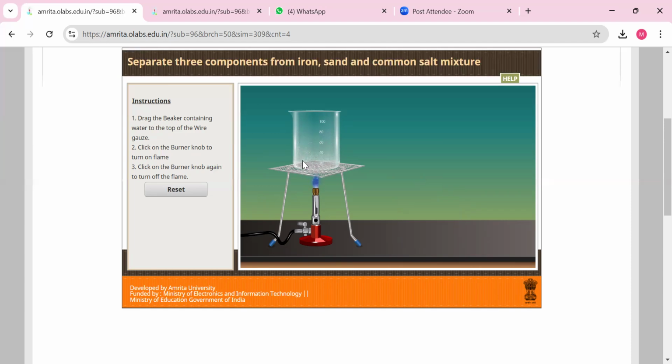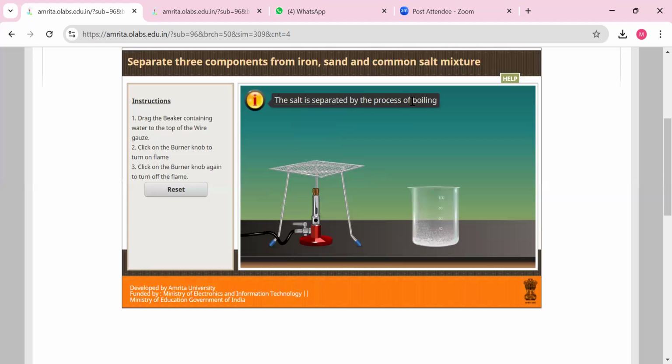Clearly observe in this plate that the white dotted part is salt. So solid, liquid and gas, these three states are observed in this simulation. The salt is separated by the process of boiling; when we boil the water, it evaporates.